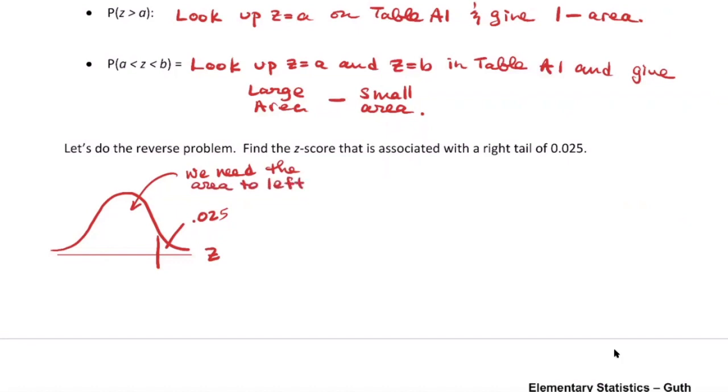And so that would just be rule of complements, remember, 1 minus the probability for the opposite probability. So this would be 1 minus 0.025, and I think that will give you a 0.975. I'm going to add a 0 to that because the table all has 4 digits everywhere. And then if you look at table A1, you have the area, not the z-score. We're trying to find the z-score, so I'm putting a big question mark here.